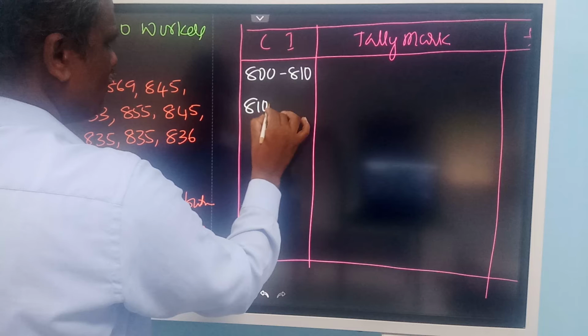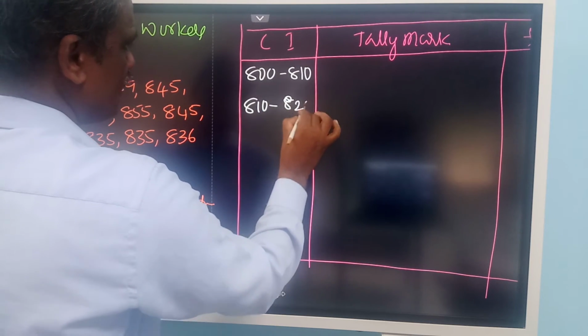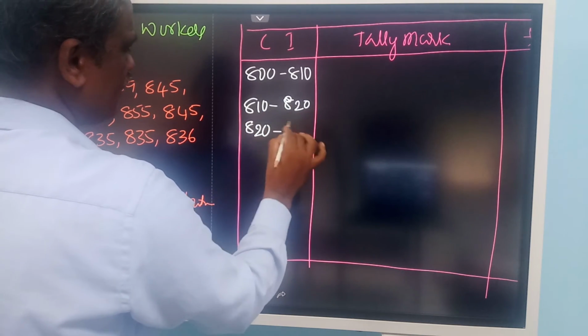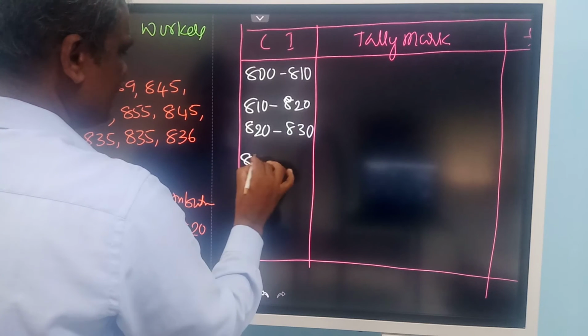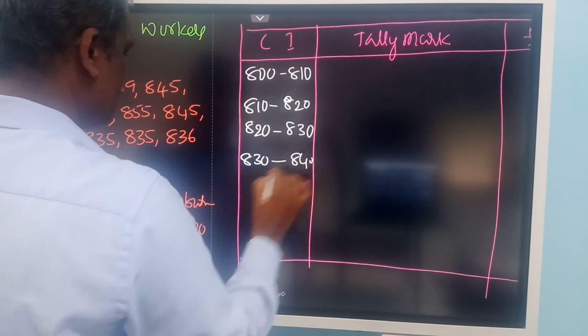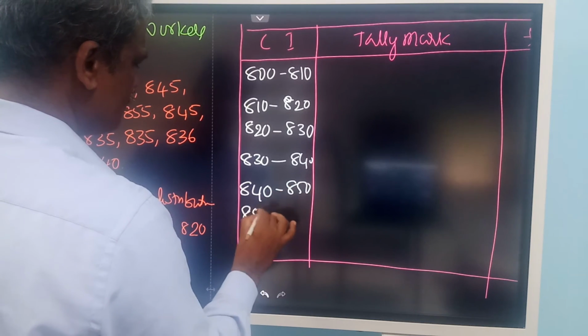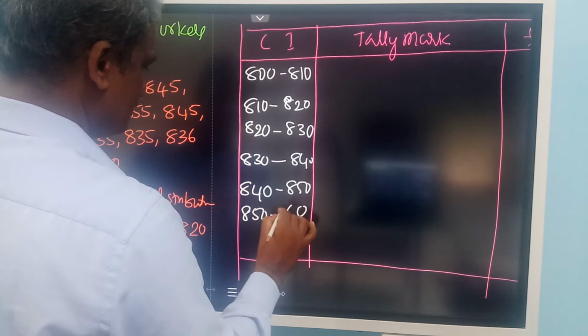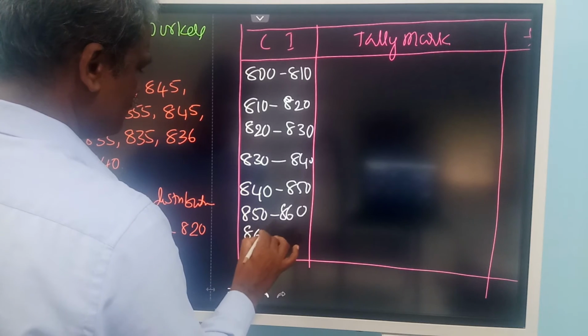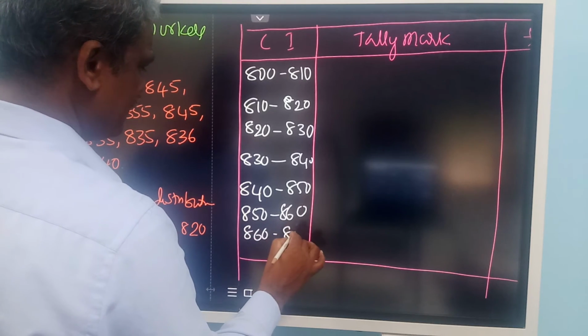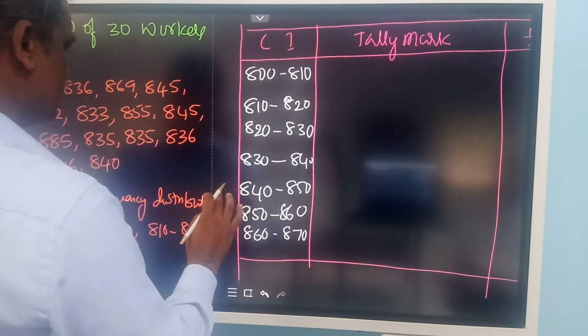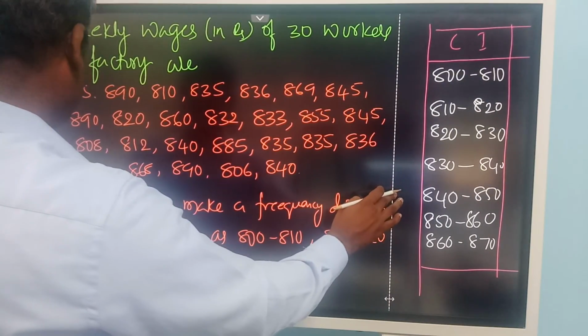Then 810 to 820. Then 820 to 830. 830 to 840. 840 to 850. 850 to 860. 860 to 870. I think 890 is also there.